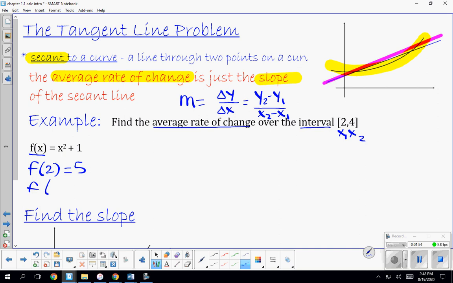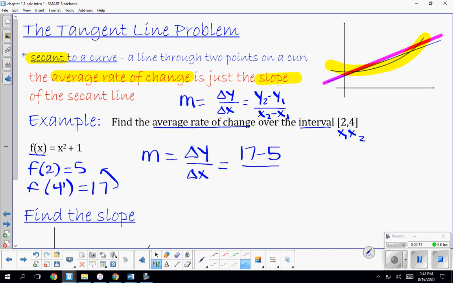And if I plug in 4, I'll get 16 plus 1. And now to find the slope, again, I'm going to find the difference in the y's over the differences in the x's. So if I subtract these two y values, I'll get 17 minus 5. And if I then subtract the two x values, I'll have 4 minus 2, or 12 divided by 2, which is 6. This is the average amount of change for this quadratic equation from 2 to 4.